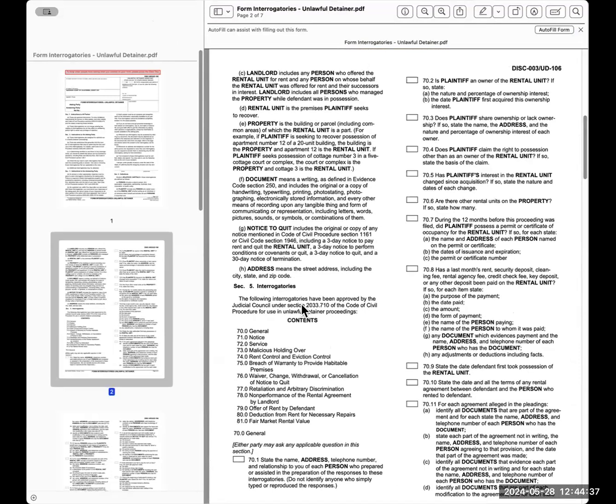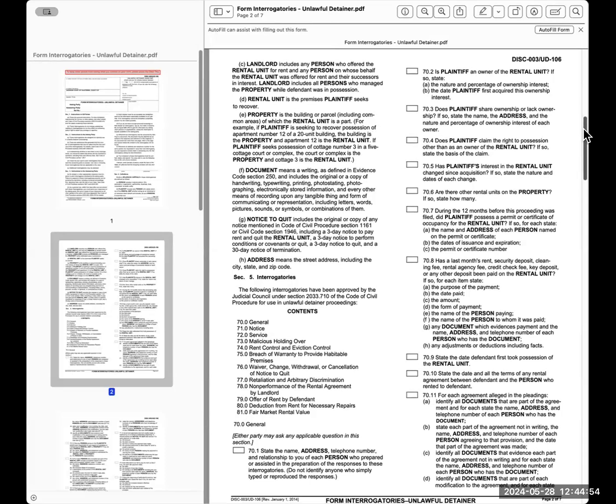When you see 70, right, that's the category, right? And all the categories are here. And then where it's like 70.1, 70.2, that's a specific interrogatory or question within that category. So the first category is general, and then there's questions about the notice, how the notice was served, etc.